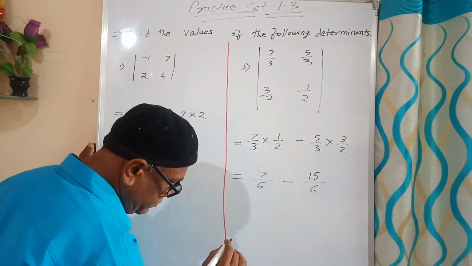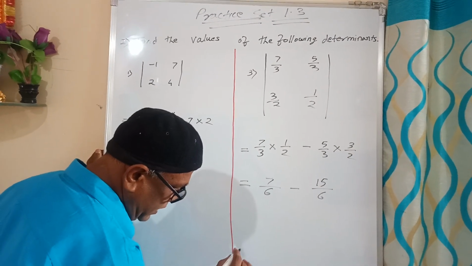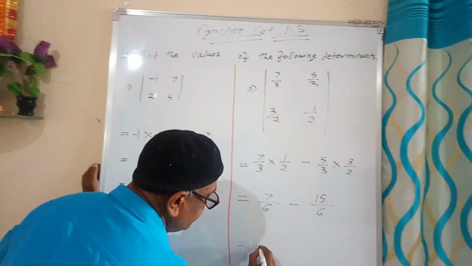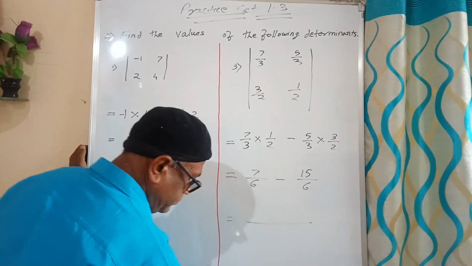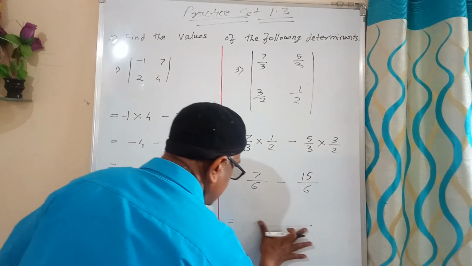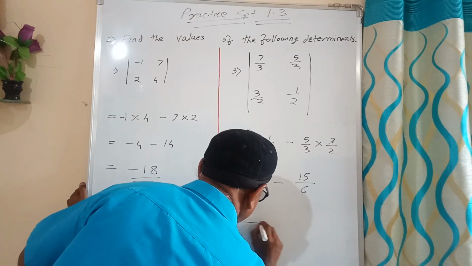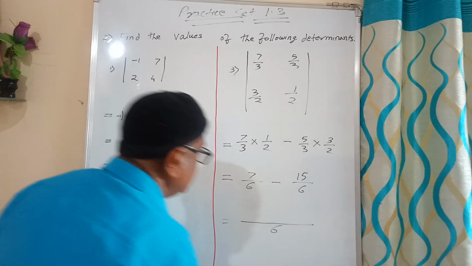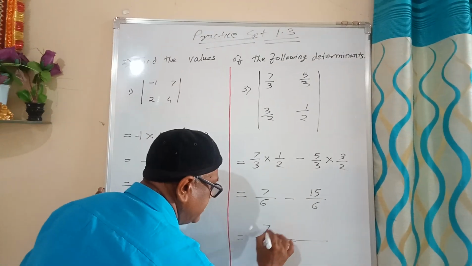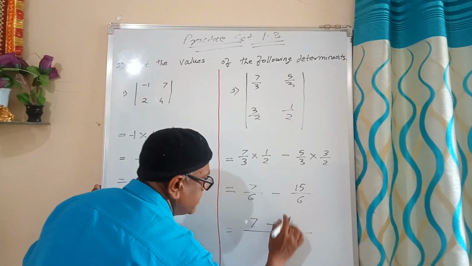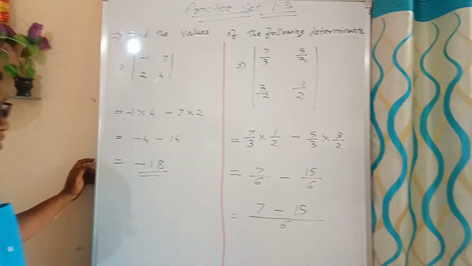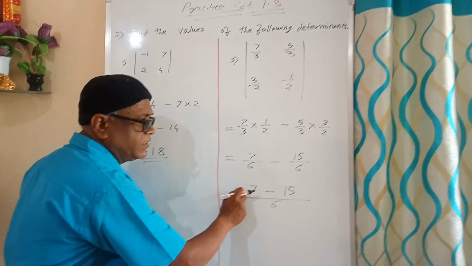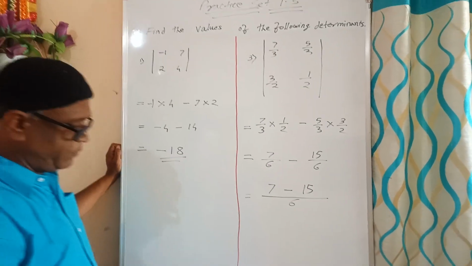Now the LCM of this is 6. So 7 minus 15, as the denominator is same, we are going to keep the numerator with sign as it is, that is 7 minus 15.